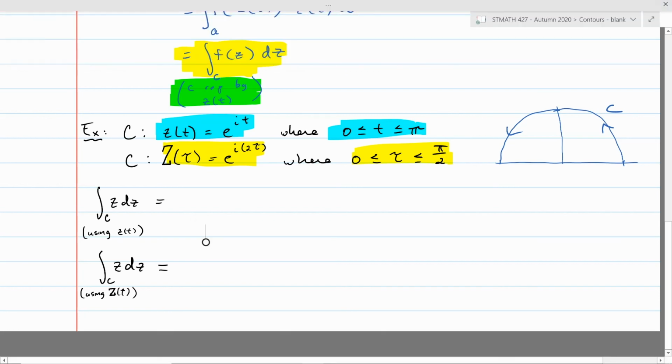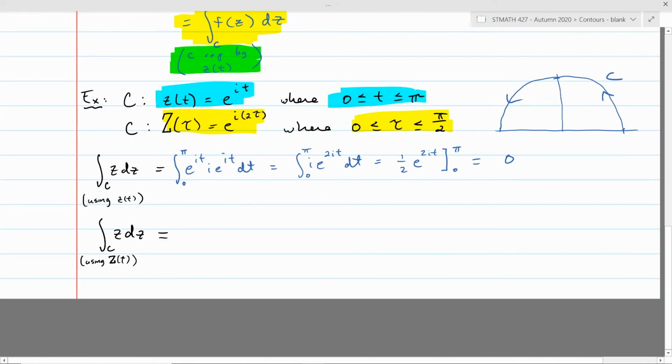So if you do the integral along C using the first parameterization in blue there, it would be the integral from 0 to pi, and then z is e to the it, and dz is i e to the it dt. So this is the one we did a little while ago, and we got the integral 0 to pi of i e to the 2it dt. This is the one where we said, hey, we could do an antiderivative of 1/2 e to the 2it, evaluate that from 0 to pi, and we ended up with 0.